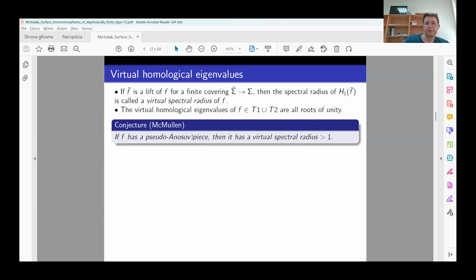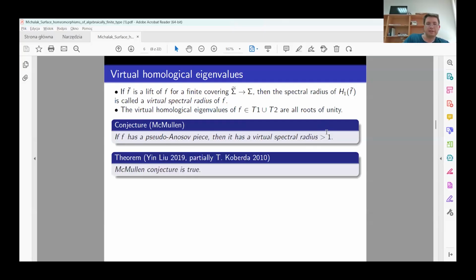So this is the implication, and the reverse implication is easy. This conjecture was proved quite recently by Jiajun Liu. Previously there were some attempts, and it was partially proved, for example by Thomas Koberda, with partial insights in the direction of confirming this conjecture.